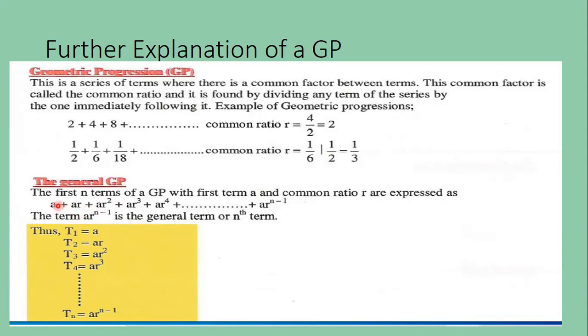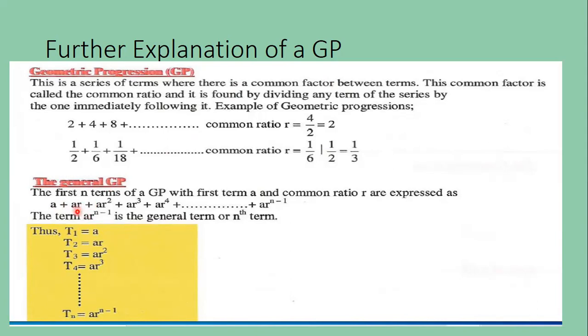Even in the very first term there's an R. The R there is raised to power 1 minus 1, which gives you R power 0, and R power 0 produces a 1. No wonder the R is not indicated there. I hope you are following that.